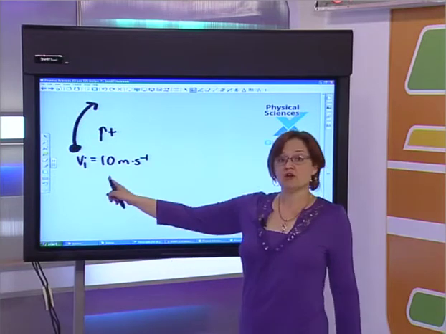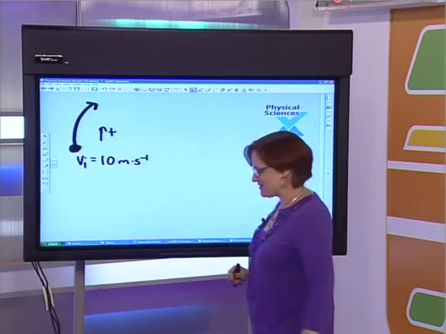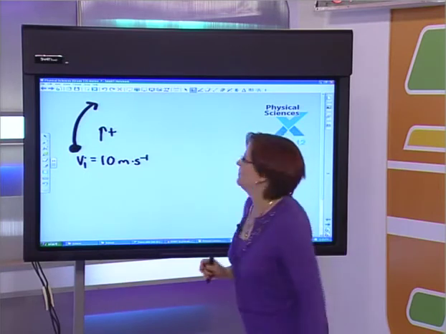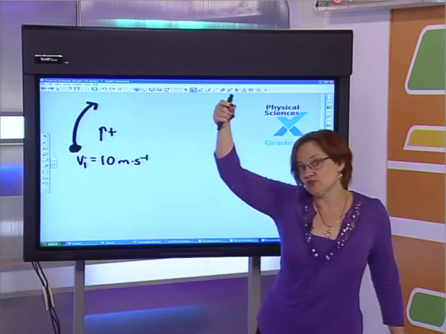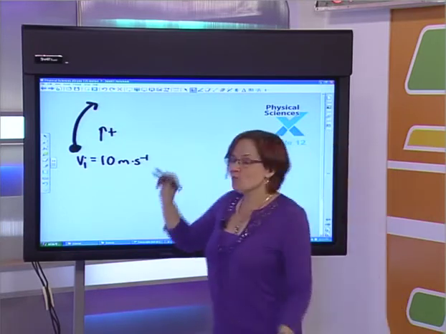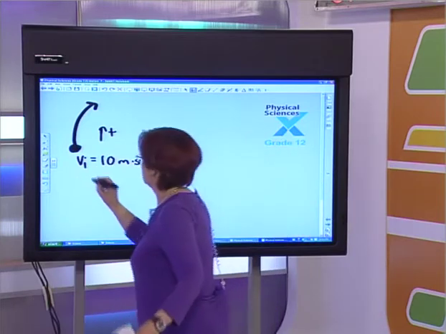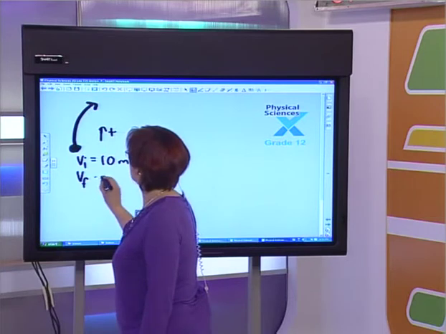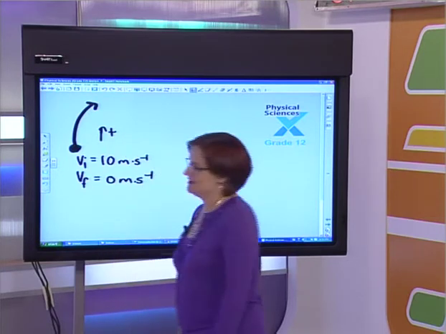Which means my initial velocity is going to be 10. And now a little piece that I didn't spend a lot of time on: the velocity when it gets to the top of its motion is 0. So without telling you, it's implied knowledge, they're saying your final velocity going upwards is 0.